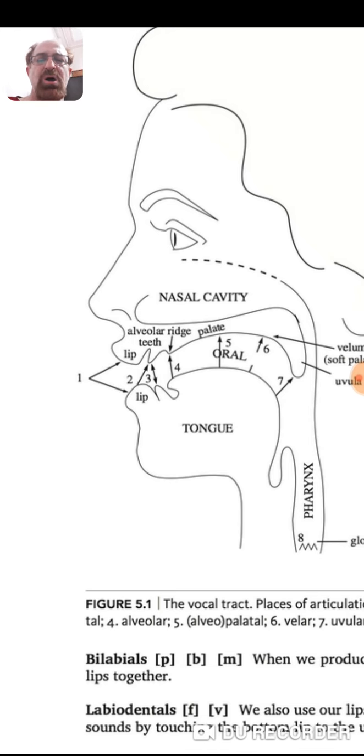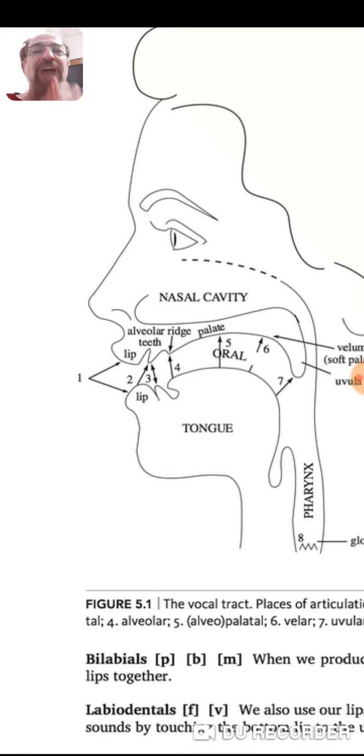The next one: behind the upper teeth, there is a place in your anatomy which is called the alveolar ridge. Let us look at my finger.